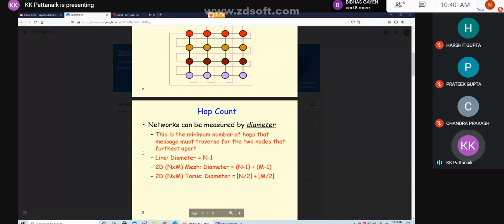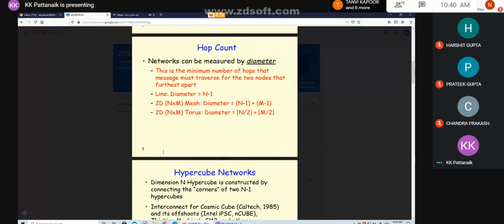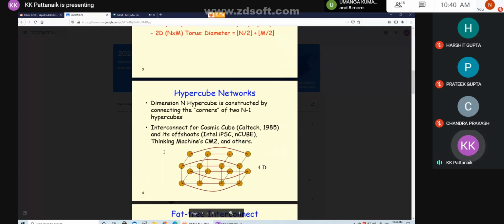And you see the hop count, the significance of diameter. And then hypercube we will discuss.